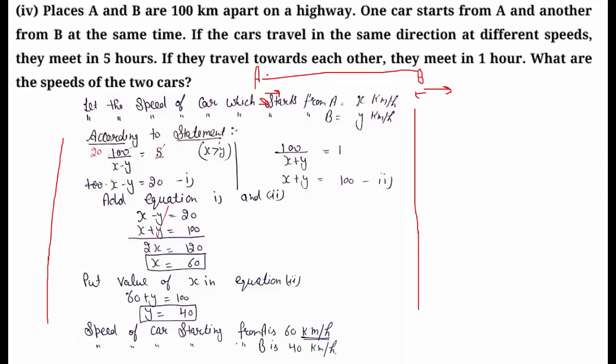And the second method is, now you have been given the distance and speed. If car A travels for 5 hours, the distance will be 5x. Similarly for car B, the distance will be 5y.